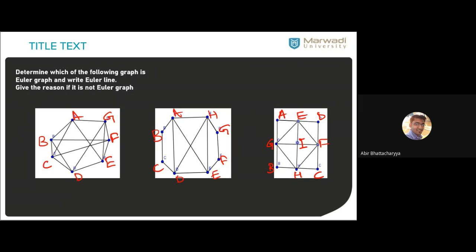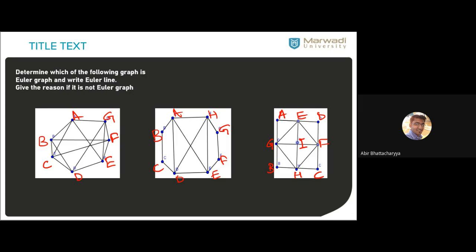Okay, if it is not, Tatendra, please justify your answer. Why not? Yes, if it is not a Euler graph, it is not having any Euler line.